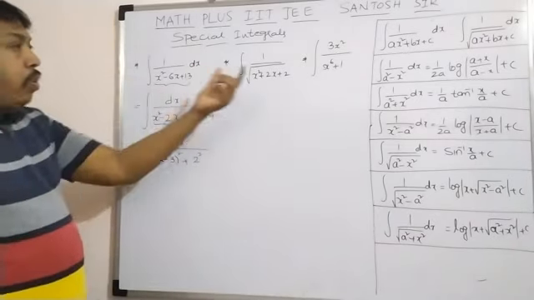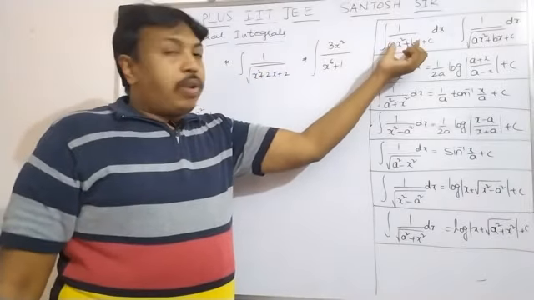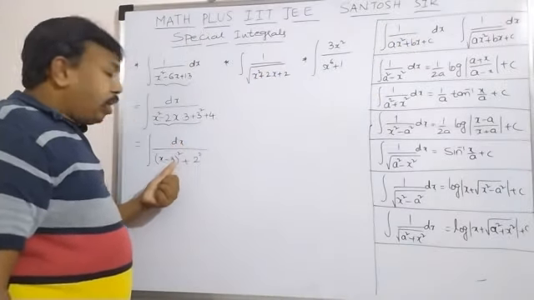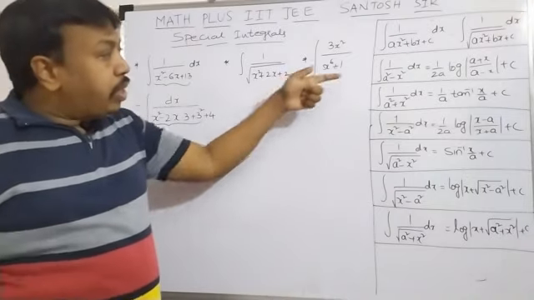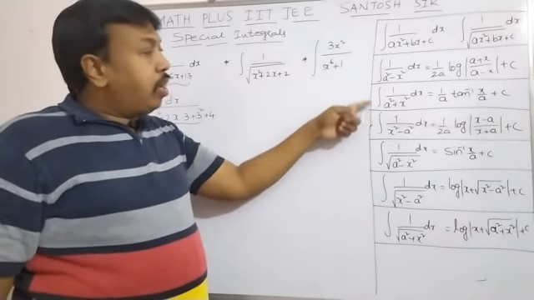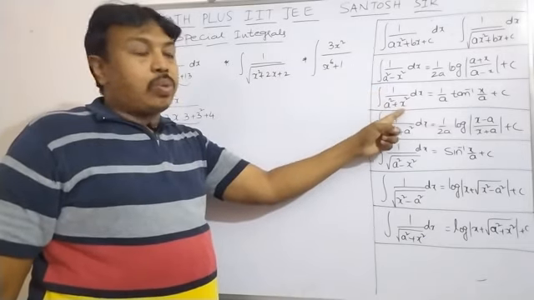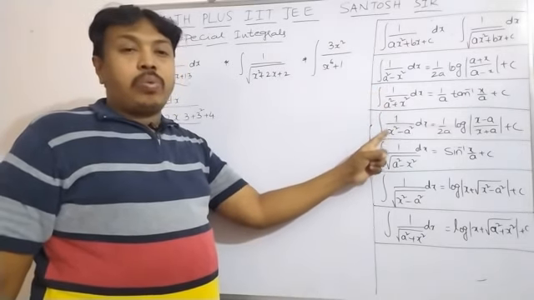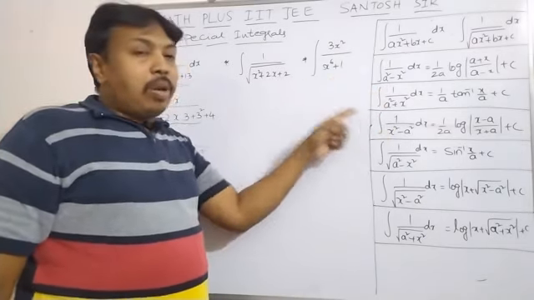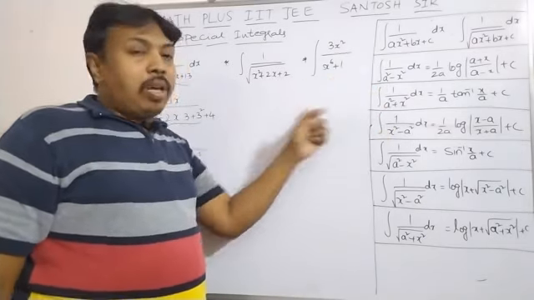Now if any integrand is in this form after completing the square, we need to check these 3 formulas: 1 upon a square minus x square, or 1 upon a square plus x square, or 1 upon x square minus a square. Any one of the formulas we will use here. So it is in the form of a square plus x square, like the second formula.